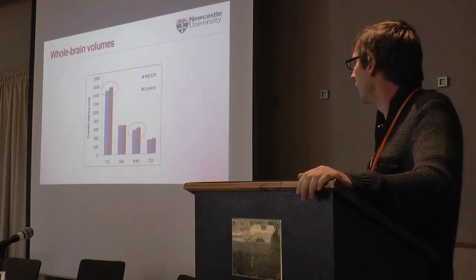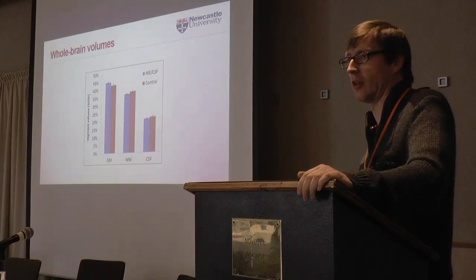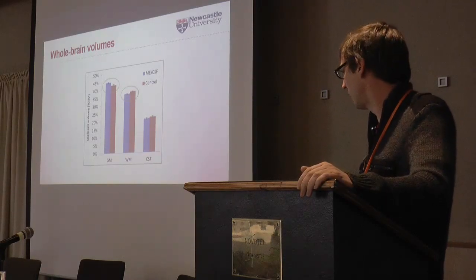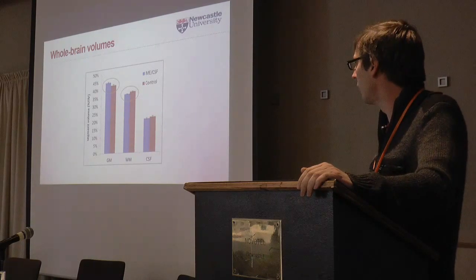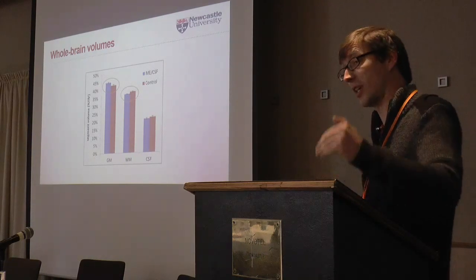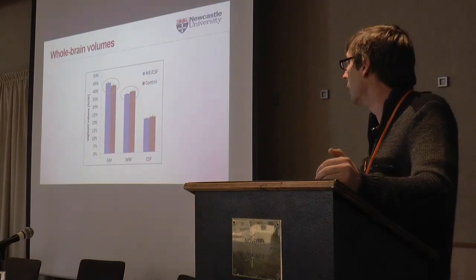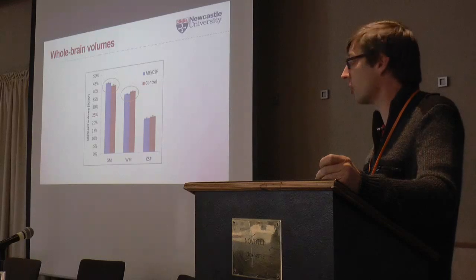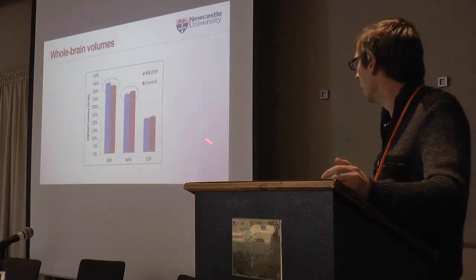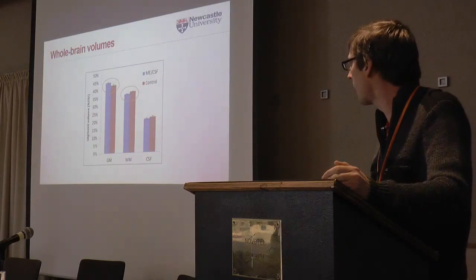What we needed to do is simply correct for head size by dividing all the segment volumes by head size. When we do that, we actually see a significant difference in gray matter volume, with increased gray matter volume in the patient group, and the decrease in white matter volume remains significant, with no difference in cerebrospinal fluid volume.